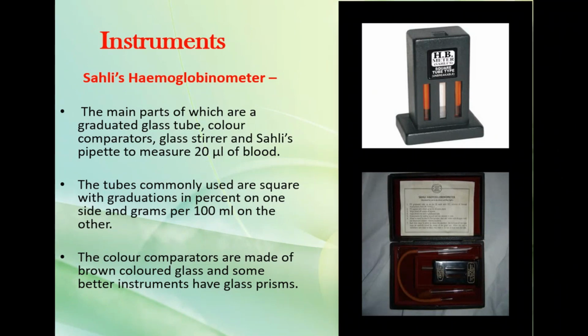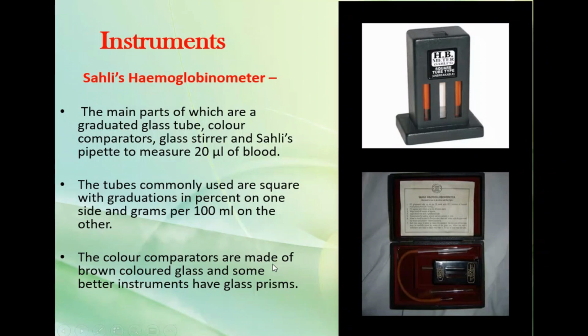Mostly we go for grams per 100 ml, because it directly helps us interpret the results, whether the person has a high, sufficient or insufficient amount of hemoglobin.